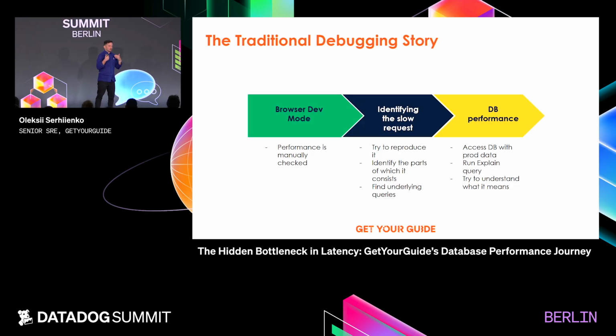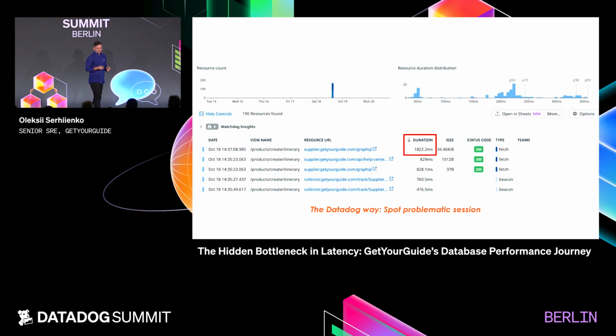Then you go to your local machine and try to reproduce it, try to break it down into smaller pieces. And often what happens is that the bottleneck is actually in the database. And when the performance bottleneck is in the database, it is very difficult to understand what exactly is wrong and what you need to do to fix it.